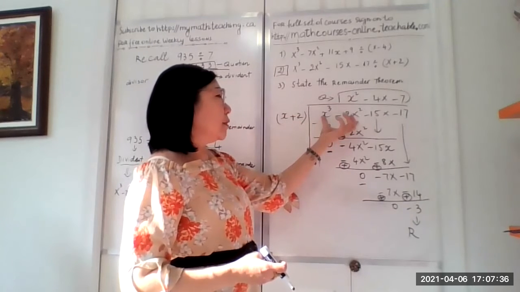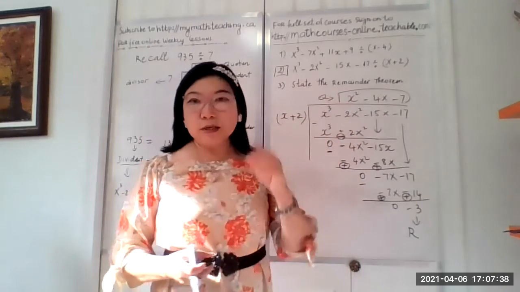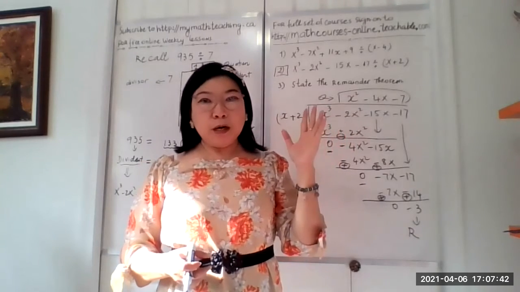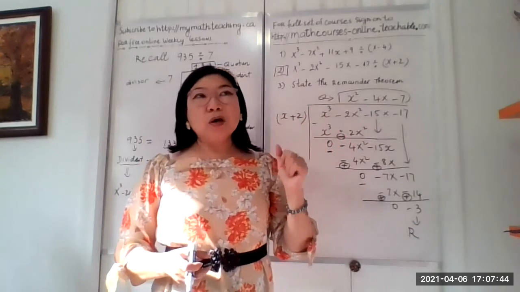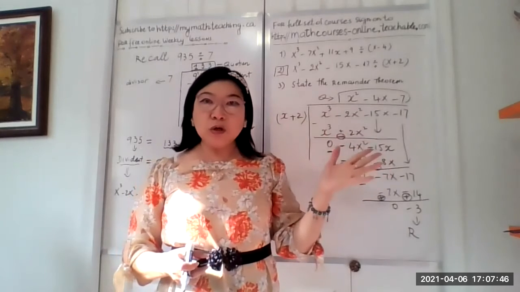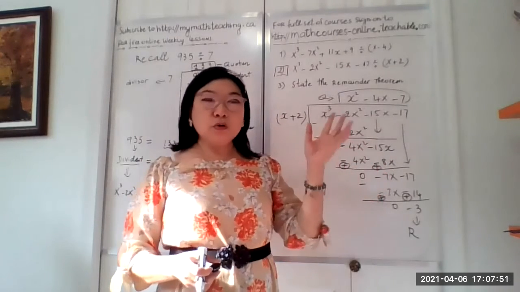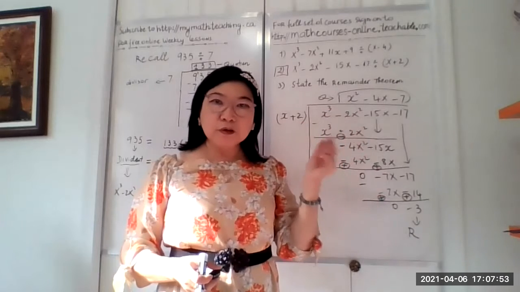It's the variable of the letter with the degree, and the degree could be a power of 3, could be a power of 4, could be a power of 2. We also say a polynomial of the power of 2, we call a quadratic function. A polynomial of power of 3, we call a cubic function.